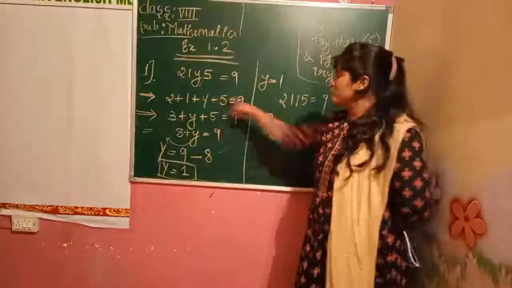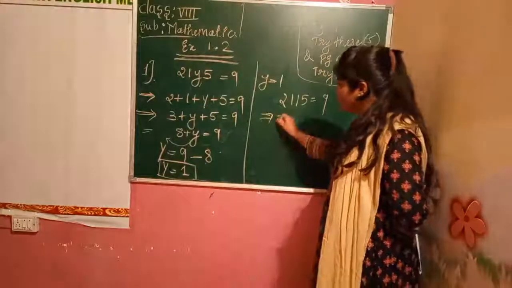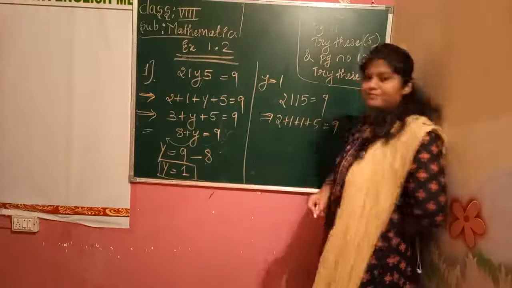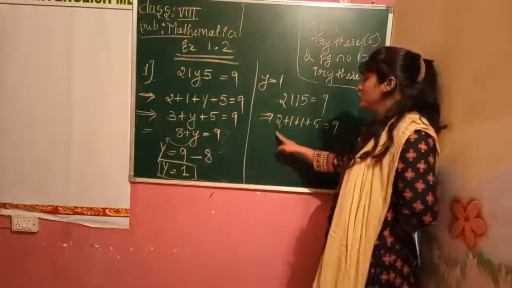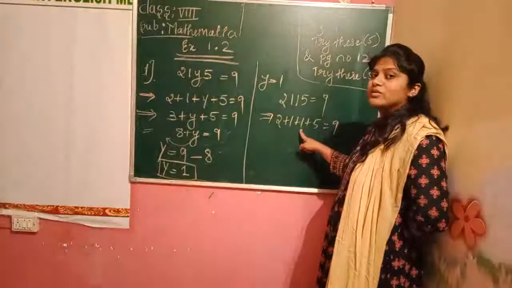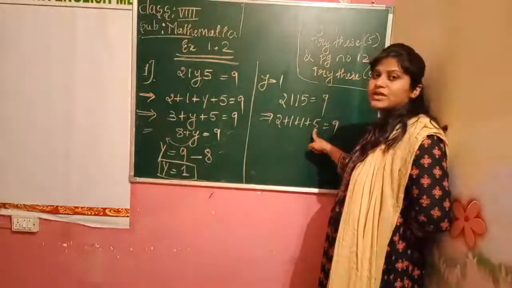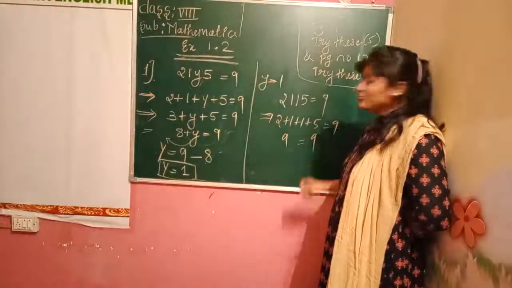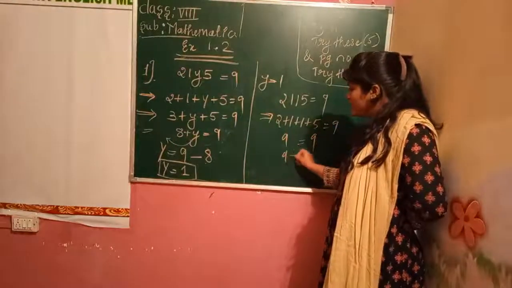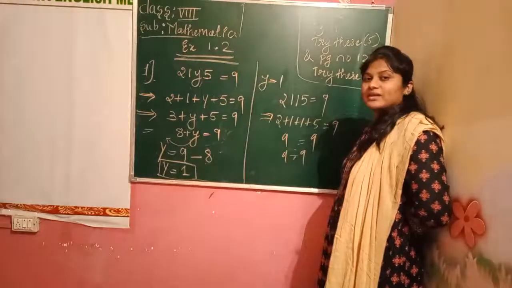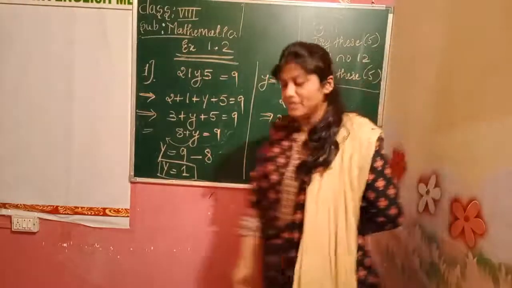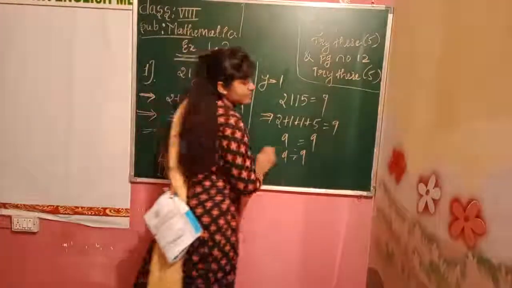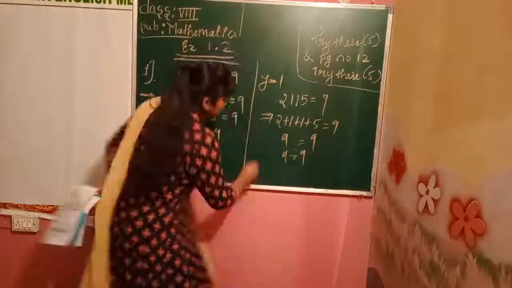Again, in this procedure I will do 2 plus 1 plus 1 plus 5 is equal to 9. 2 plus 1 will be 3, 3 plus 1 will be 4, 4 plus 5 will be 9. 9 is equal to 9. Now test: is it divisible by 9? Yes, it is divisible by 9. In the 9 table, we have 9 ones are 9. Yes, it is.